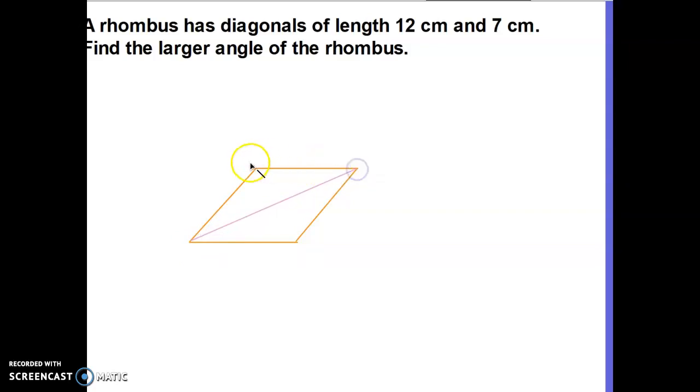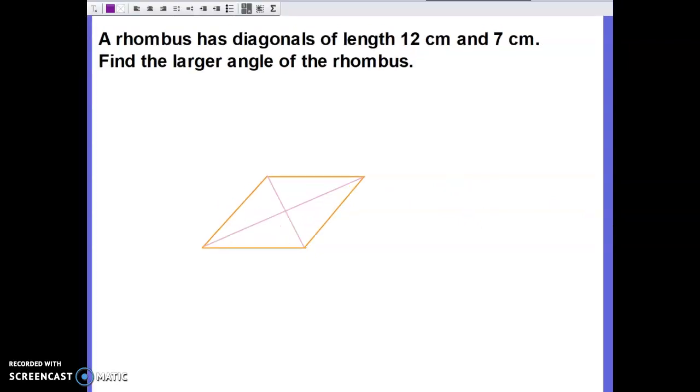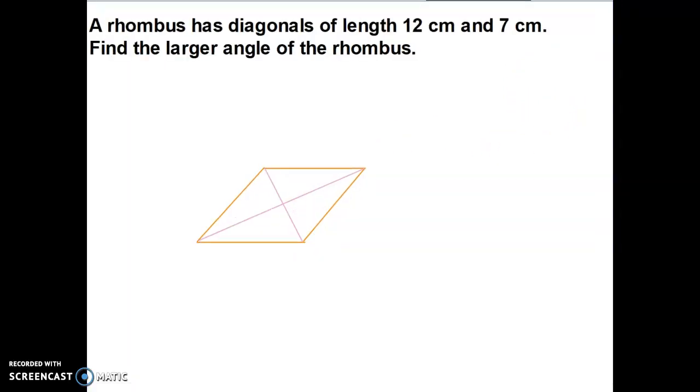So I have this one, and I have that one. All right, and it says that the longer one is going to be 12. And the shorter one is going to be 7.